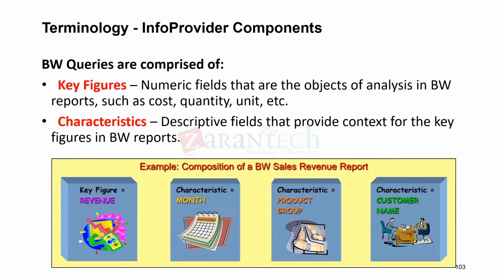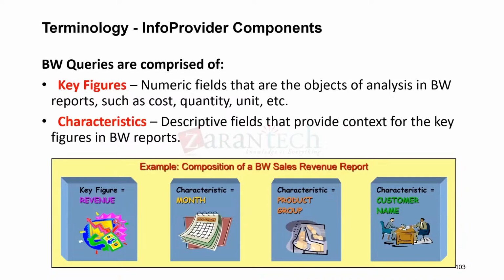Likewise, if you see a report, you have, say, customer details, product details, material details, vendor details, like vendor name, then you have the outstanding amount to a vendor, accounts payable amount, outstanding balance, tax.